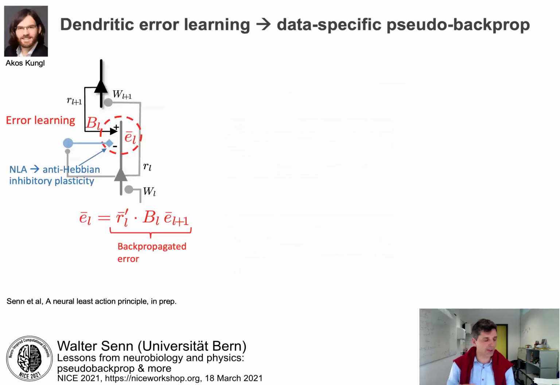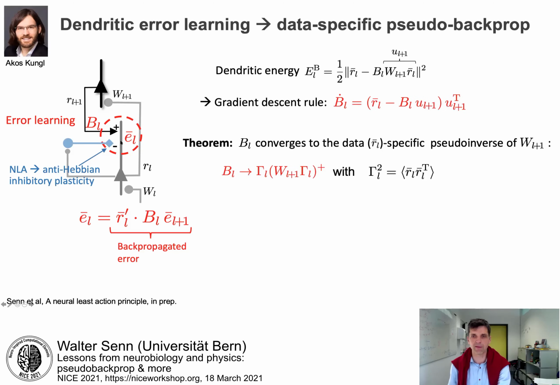And finally, what I was telling you, this is the last slide, we are getting more insights. So far, we simply used as backpropagating weights the transpose. If we also apply this least action principle to these pyramidal neurons, we are getting a learning algorithm for this B by simply now also locally applying this minimization of error. Here is this energy.